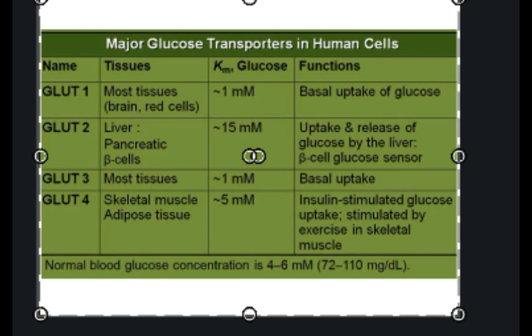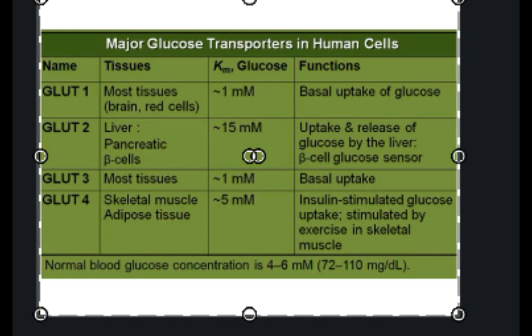So when glucose level increases, glucose transporter 2 will work more efficiently and accommodate the extra amount of glucose. It has a high Km value, meaning it will increase its activity when glucose level is raised.